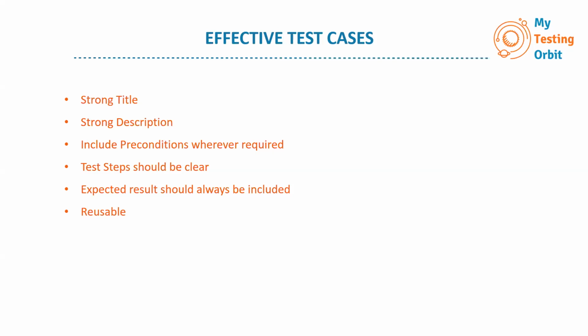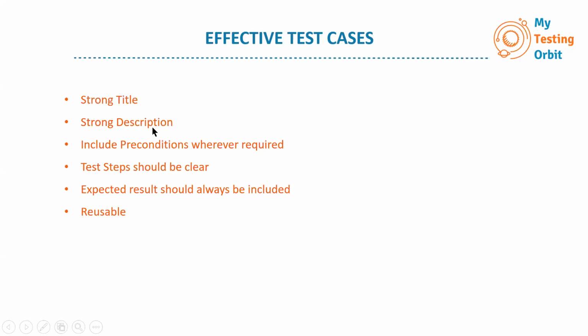That prefix will make it easier to see that, okay, these test cases are for valet parking, etc. Though if you're using a tool, it would be easier to map as well, it's still better to use a strong title so that it can act as another identifier, and it's easy to differentiate between different test cases. And it should be very precise and short, not a long one-liner, because the details will be covered in the description, which is the next step.